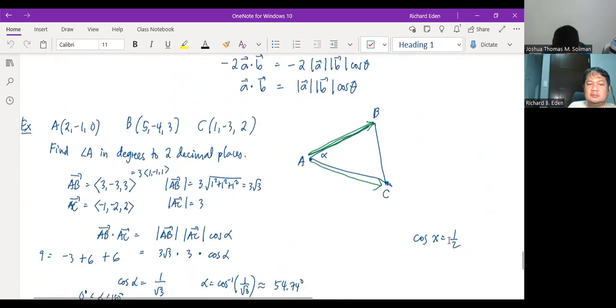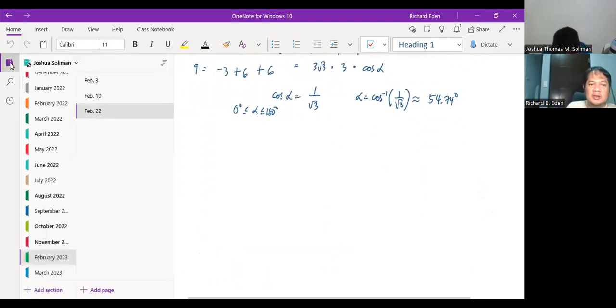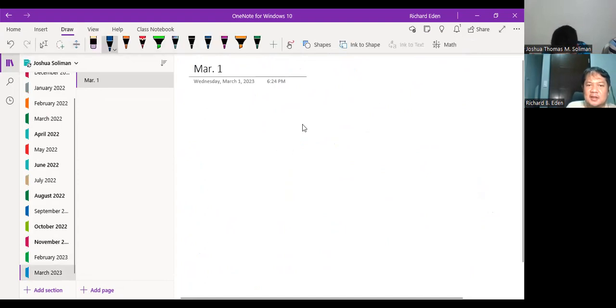Okay. So some consequences of that, let me write it down here. So we start with vector A, and then vector B, and that's the angle theta between them.